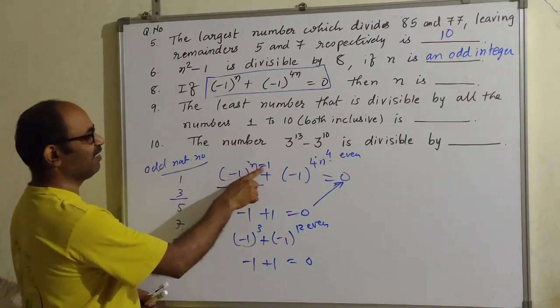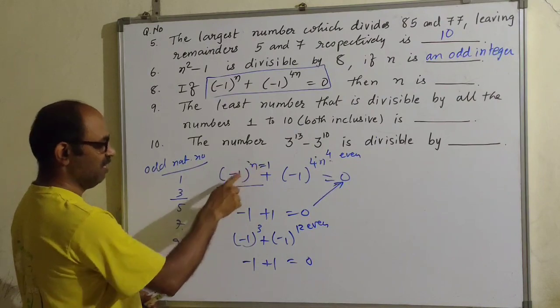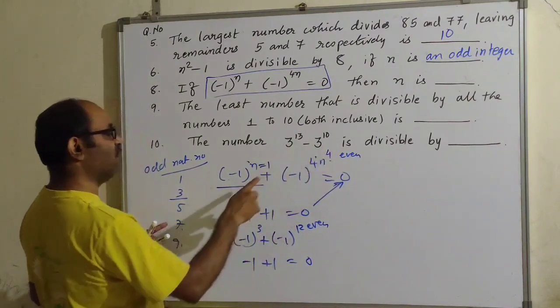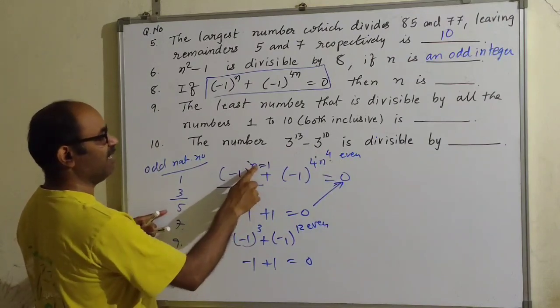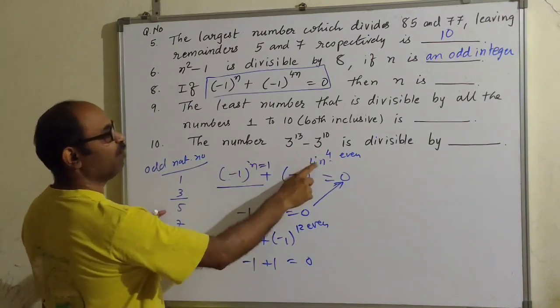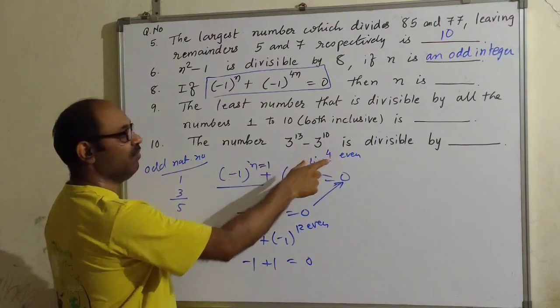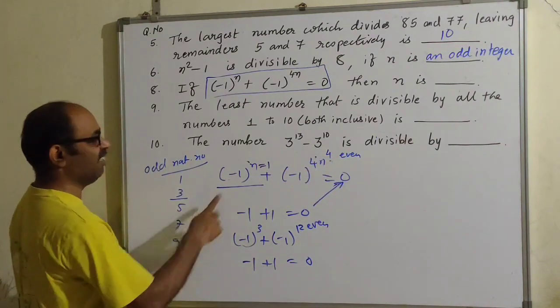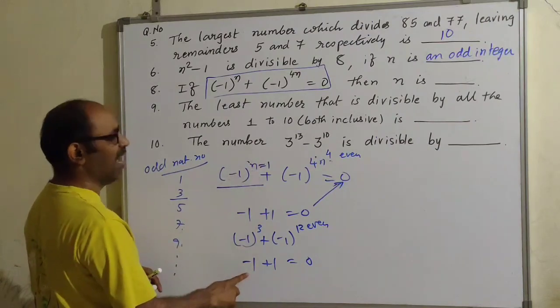See now, if you take 3, index odd, so minus 1. Then 3 we have already taken, so 5. 5, index is odd, so minus 1. 4 fives are 20, it is even, so this will be plus 1. Minus 1 plus 1 will be 0. 9: minus 1 raised to 9 is minus 1.